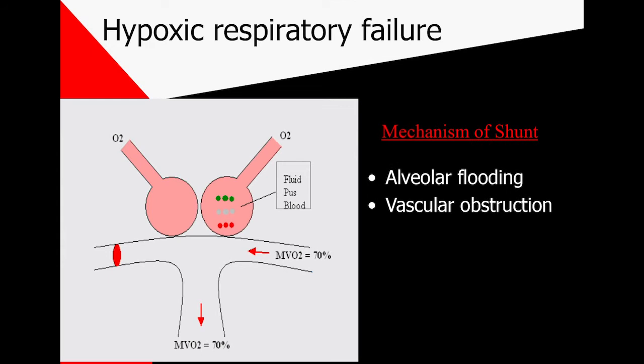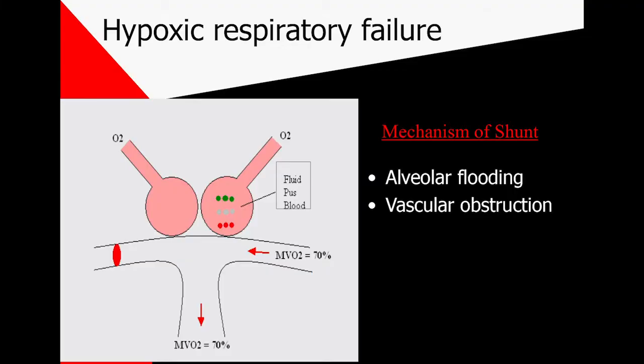Now why do you get shunt? Shunt is maybe 10% of all hypoxic patients. Ventilation abnormality is about 90%. So most of the people you see with hypoxia have COPD and asthma and so on.